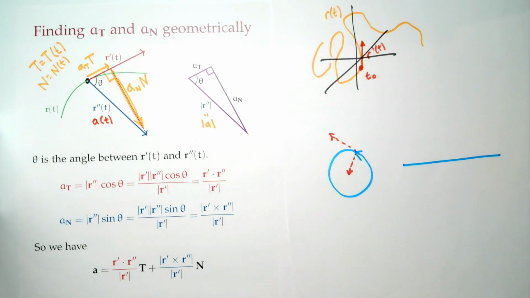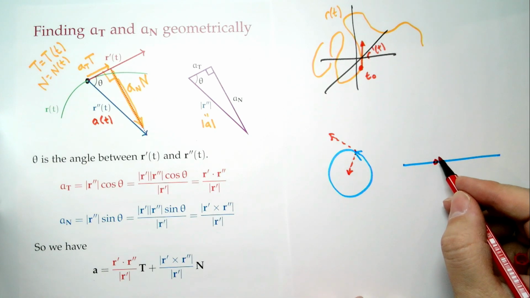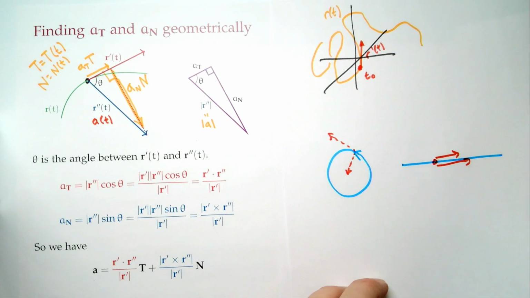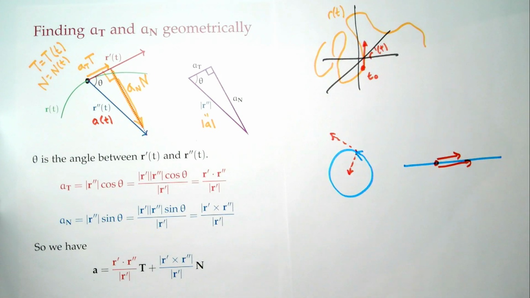You speed up. Where's your velocity? Your velocity is going forward with the car. Where's acceleration? Acceleration is also going forward with the car, because it's pulling you forward. It's making you speed up. So velocity and acceleration can have any angle between them. It just depends on the situation, which is why we do the work.